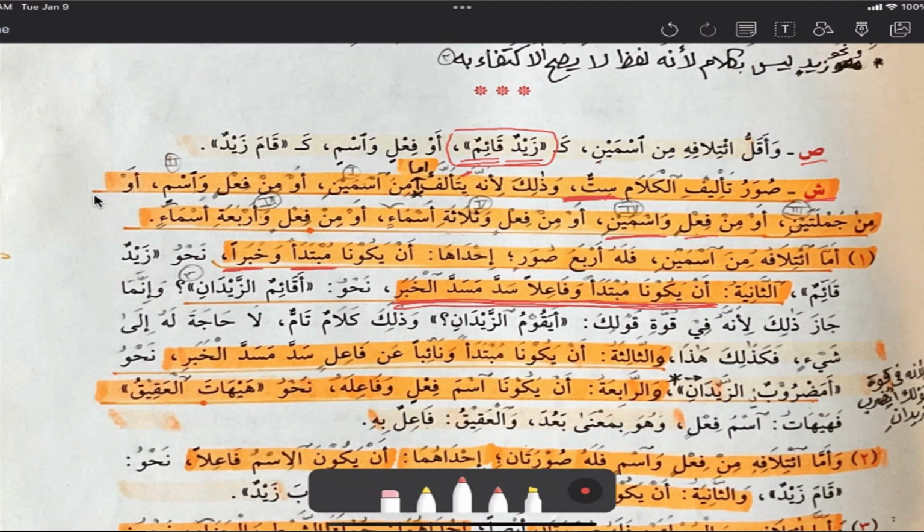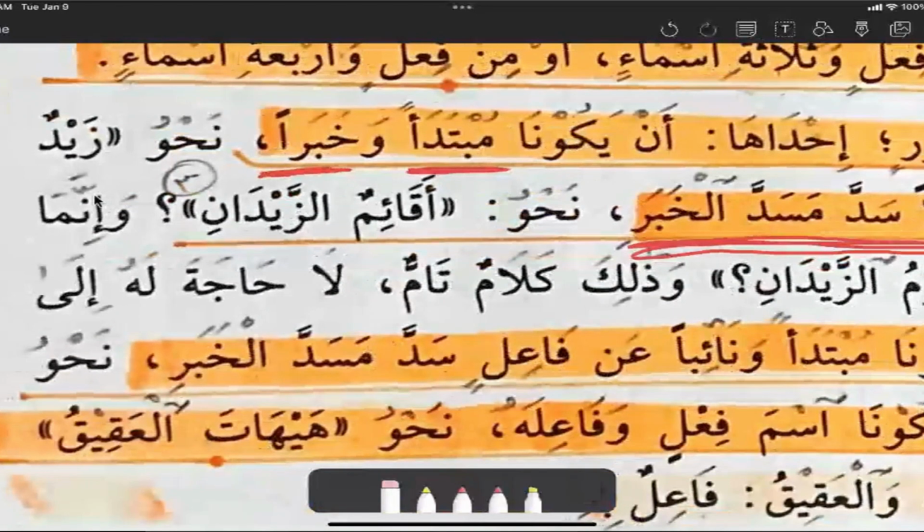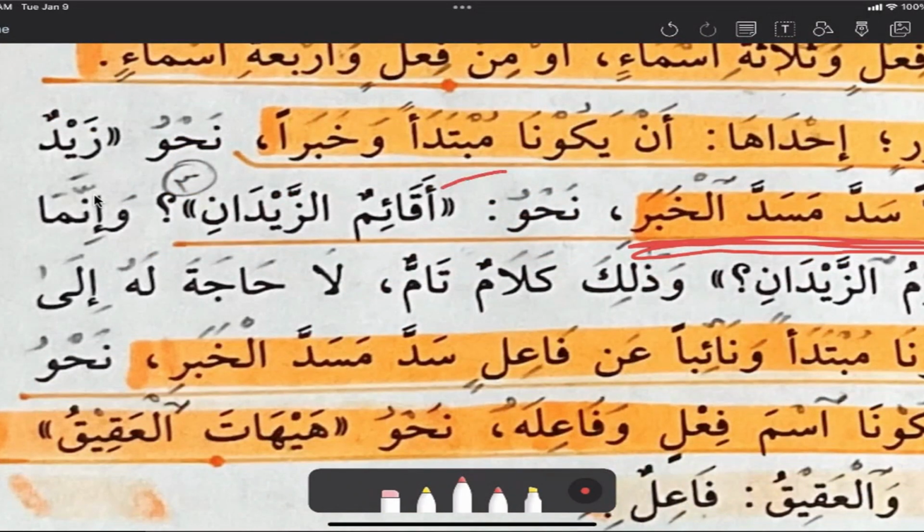For example, aqa'imun az-zaydan. What's going on here? So here, this hamza, that's for asking. That's a question here. Qa'im, stander. Stander, that's ism, you know that now.